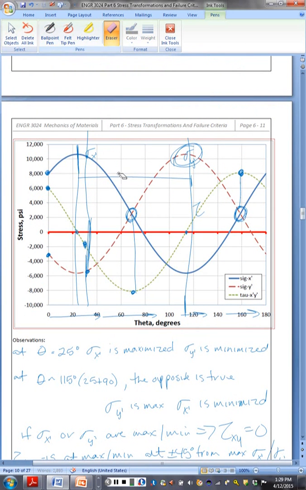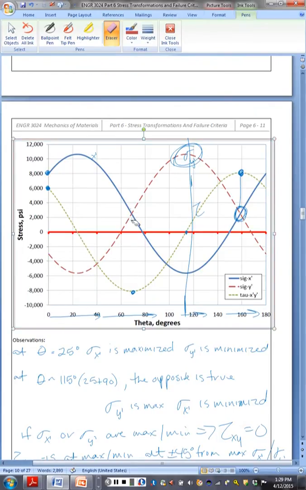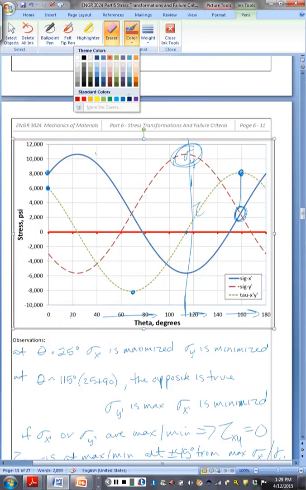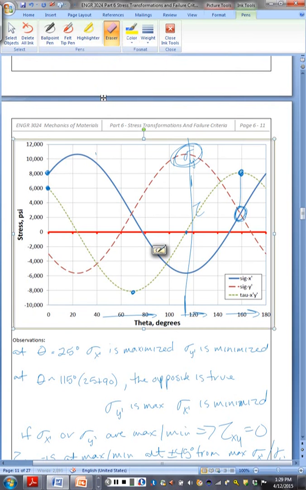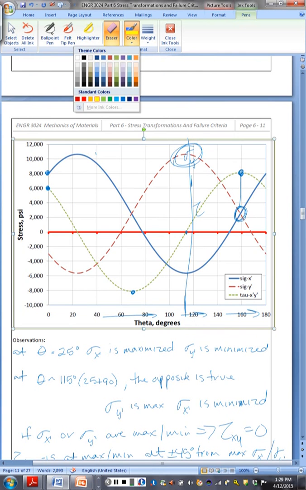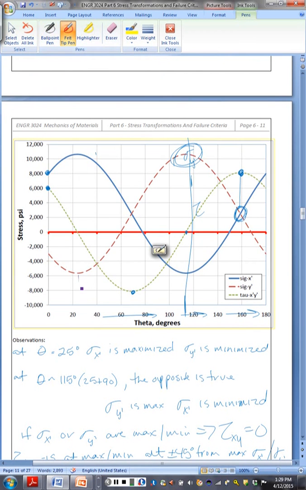And if we scroll back to our somewhat messy plot, we see that at 23 degrees, we do, in fact, have this maximum.